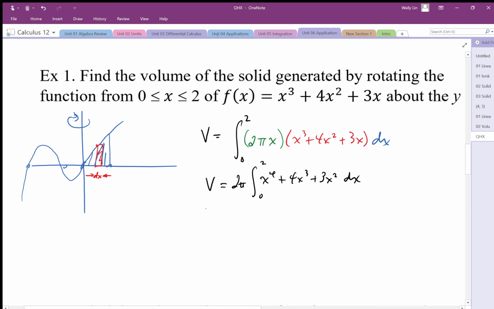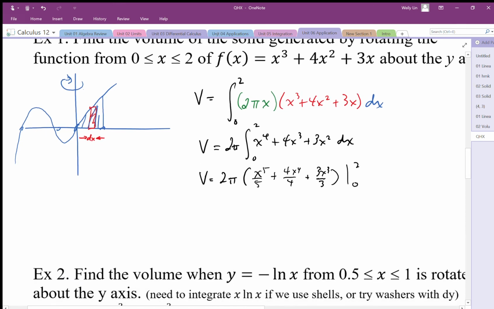And then integrating that, x^5 over 5, 4x^4 over 4, 3x^3 over 3, and that's going to be the bounds from 0 to 2. Nicely, those coefficients cancel out.